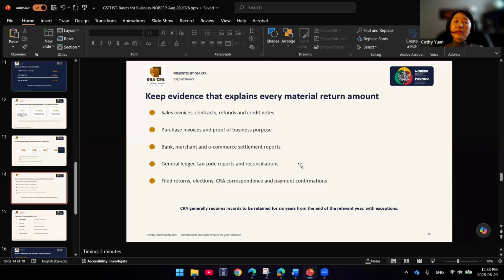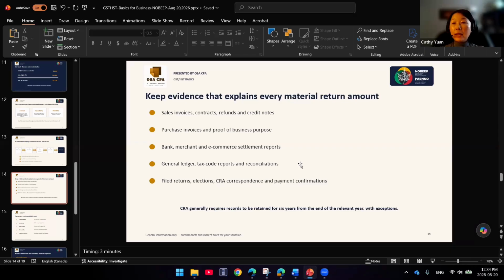I also want to highlight keeping evidence, because CRA may challenge us. For example, if we claim 1,000 in ITCs but don't have a lot of sales, or some business owners have even more ITCs, CRA will ask you to provide evidence.